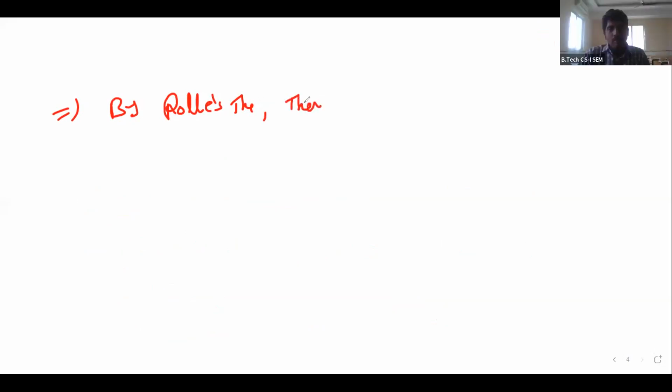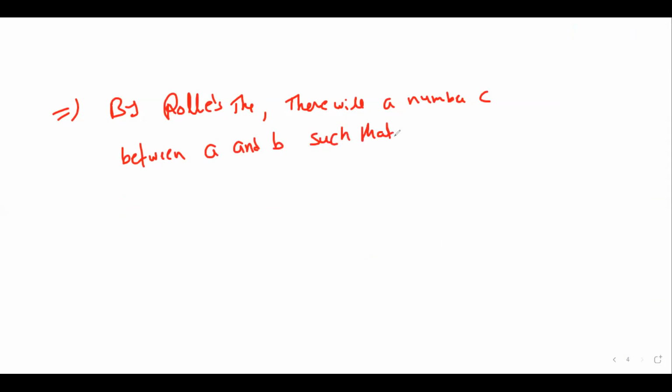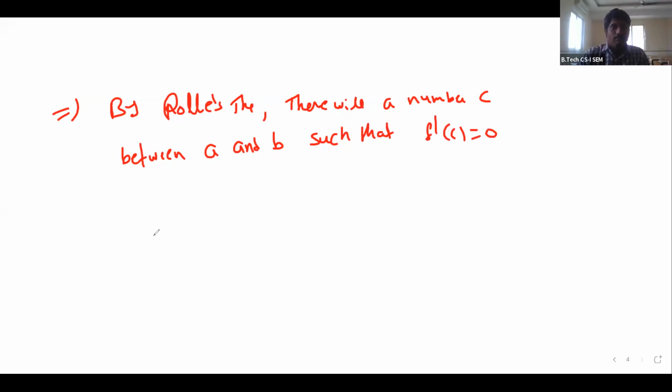There will be a number c between a and b such that f dash of c is equal to 0. Right? Please copy these two lines quickly: by Rolle's theorem, there will be a number c between a and b such that f dash c is equal to 0. Write quickly.